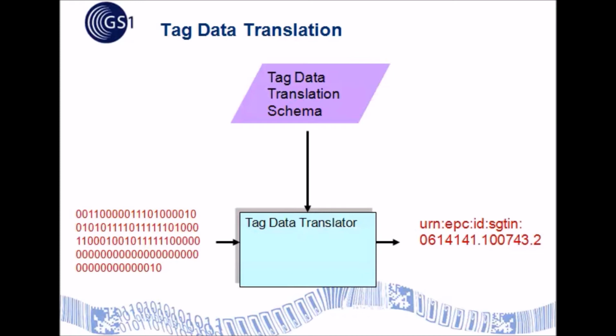The tag data translation scheme and interface are provided by EPC Global for translating between the EPC encoding defined by the tag data specifications. So we still need to code or decode the original EPC electronic product code into binary coding.